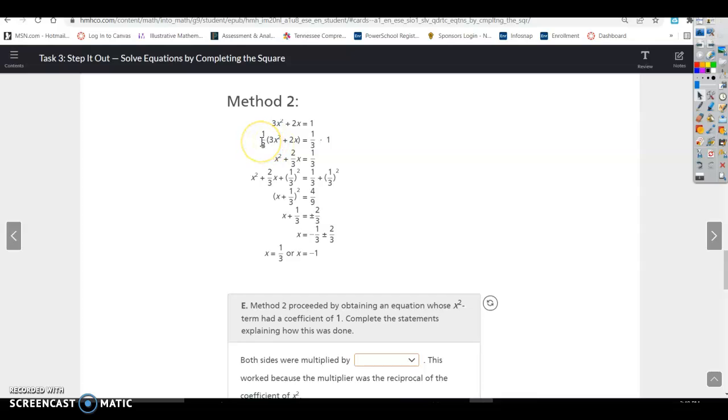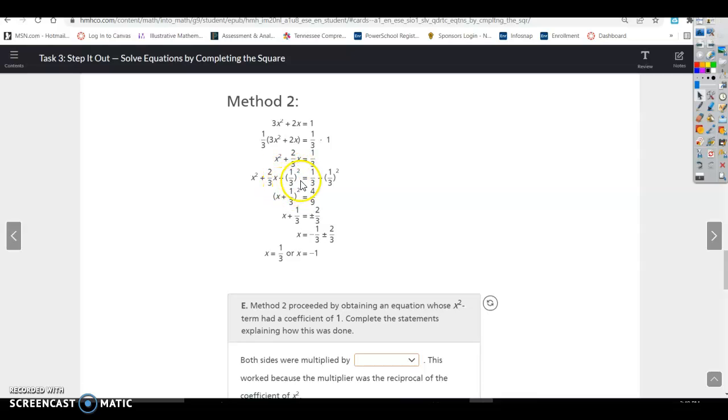So 3 divided by 3 is 1. 2 divided by 3 is 2/3. And 1/3 times 1, or 1 divided by 3, is 1/3. So it still works, but now you're going to have fractions to work with, which isn't so bad. All right, so x squared plus 2/3 x equals 1/3.